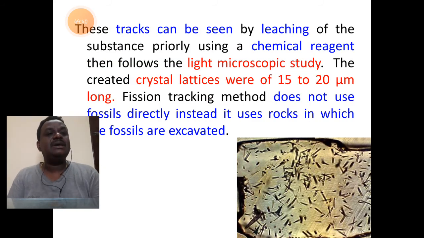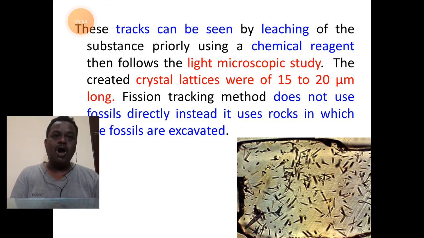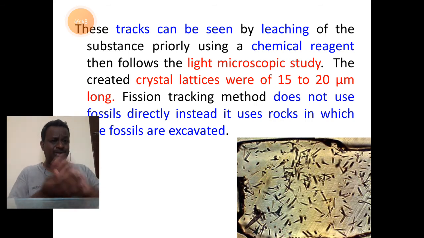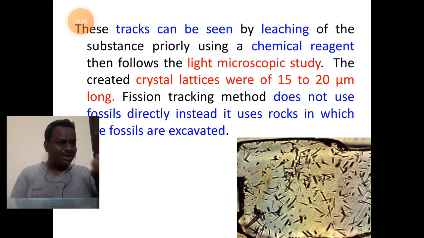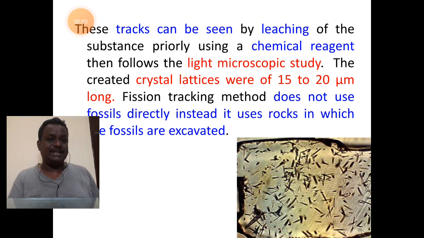These tracks on the rocks can be studied by first removing the rock and leaching it with a leaching agent or chemical agent. After washing it, we study it under a light microscope, where minute changes in the tracks can be noticed.